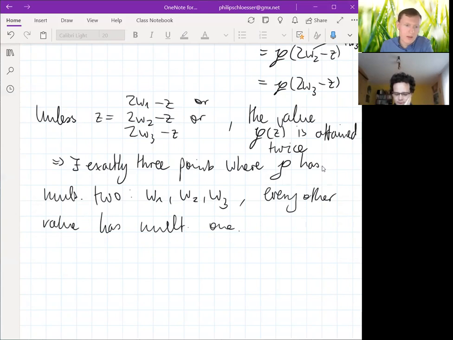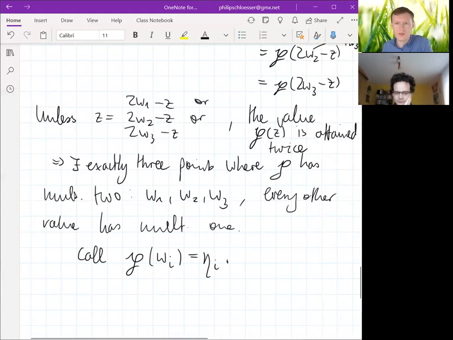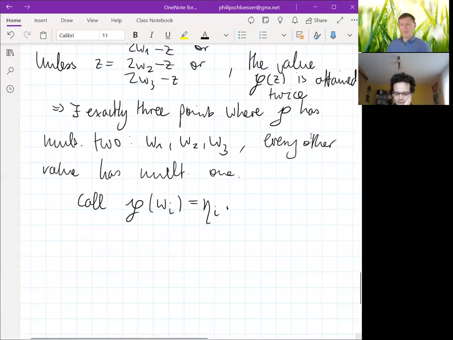And I guess we should also come up with names for P applied to the omega i. We're going to call them eta i, but this is not going to be that important.